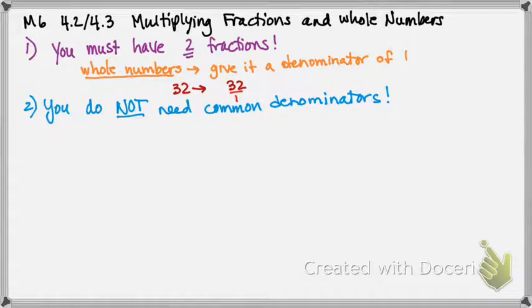All right? The thing I like to do next is what I call pre-reduce. So try to pre-reduce common factors. So remember, factors are numbers that I multiply together to get a product. So these are going to be numbers that can divide into both of the numbers we're looking at.